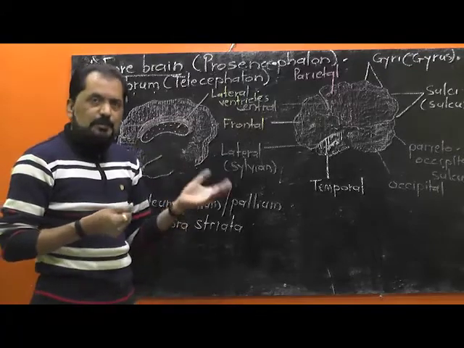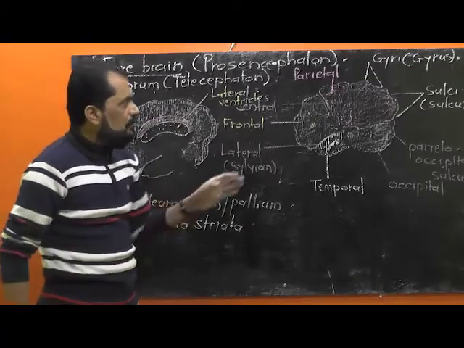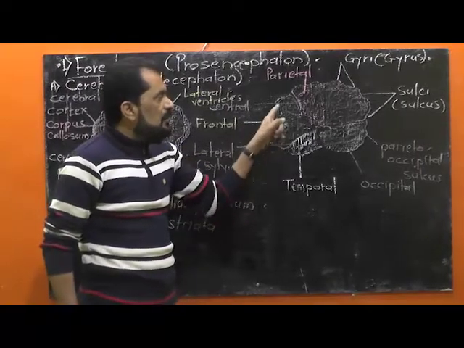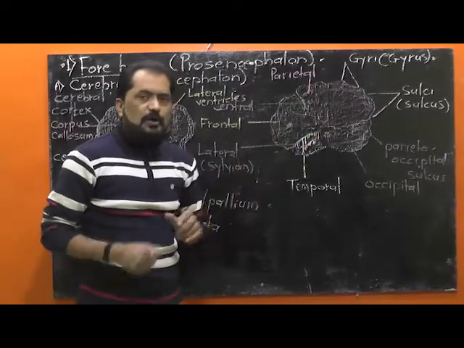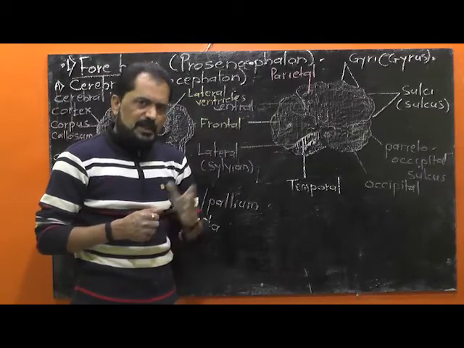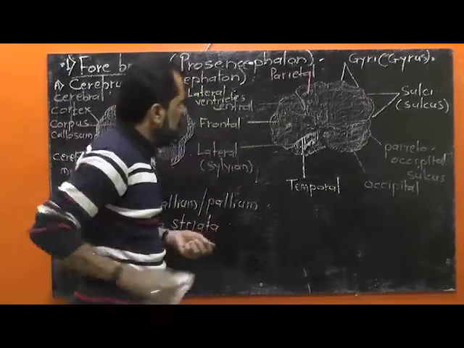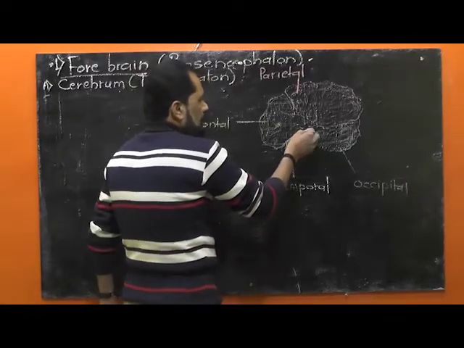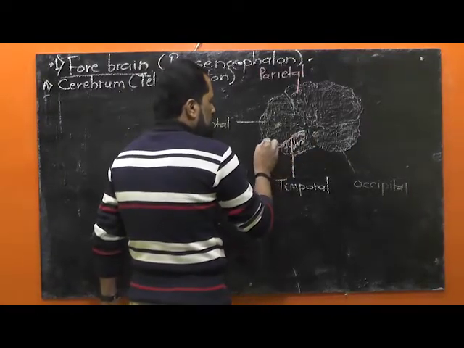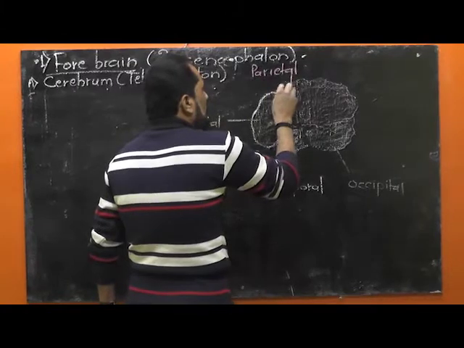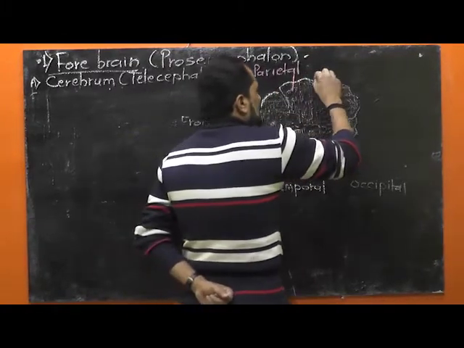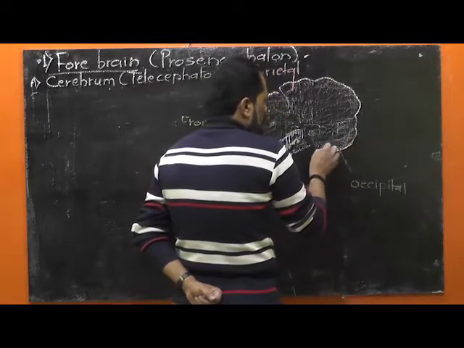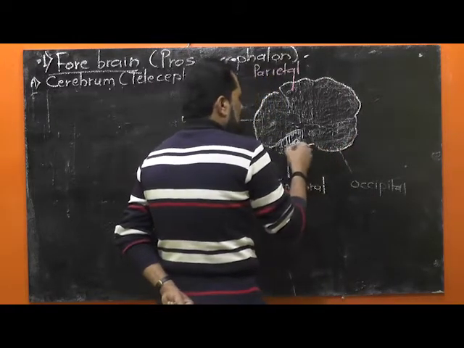Now, we have to discuss here the different centers, the different areas present on these different lobes of cerebral hemispheres. Let us talk one by one. Now please look once again at this diagram. Here I have shown the lateral view of a single cerebral hemisphere and also the four major lobes of each cerebral hemisphere.